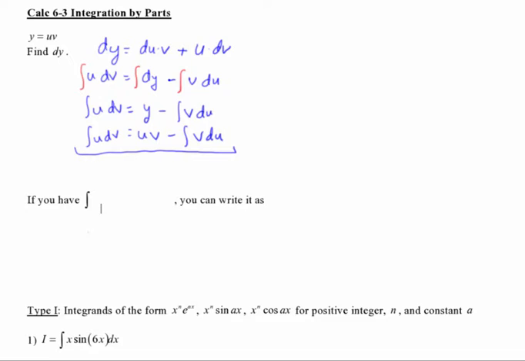Another way to look at this that you may see is f of x times g of x, and then dx. This is when we have two functions multiplied together. That's how we recognize that we might use integration by parts. One of them is u, and the part with the dx will be our dv.